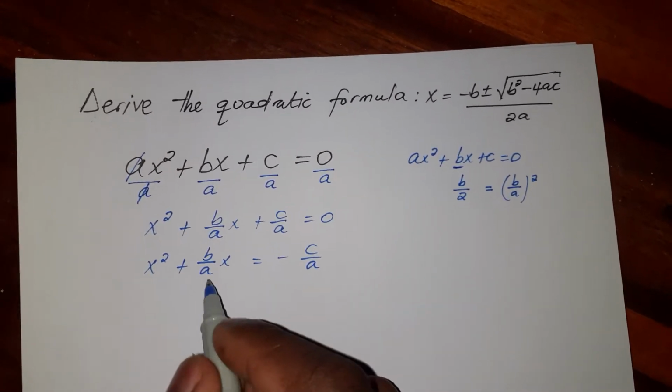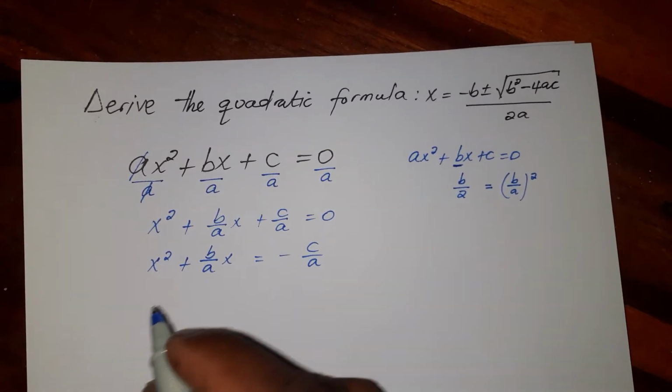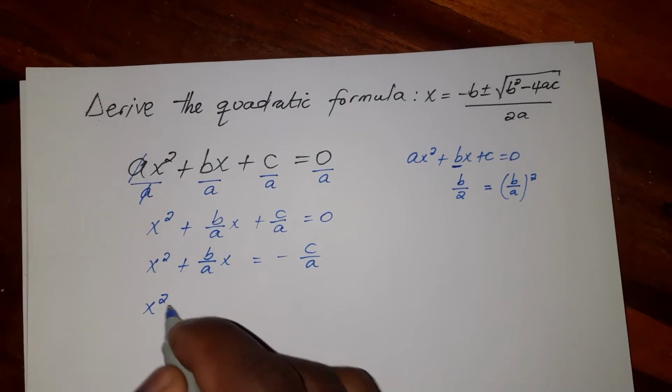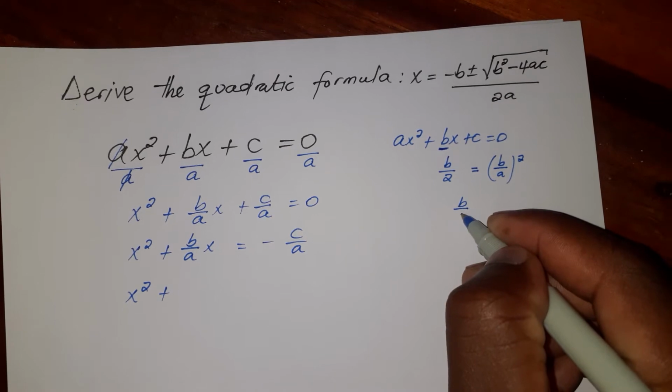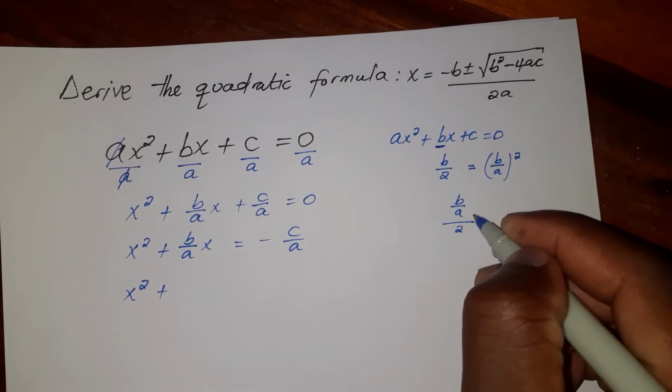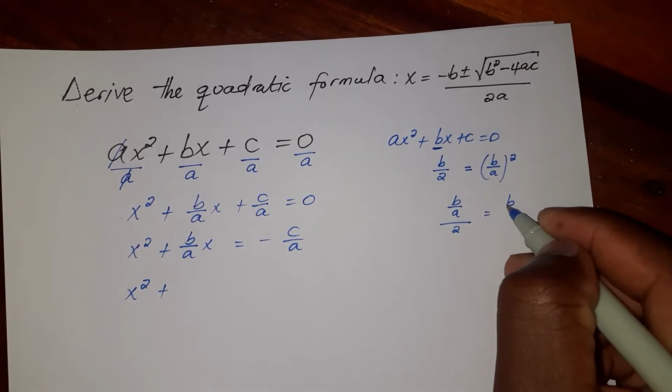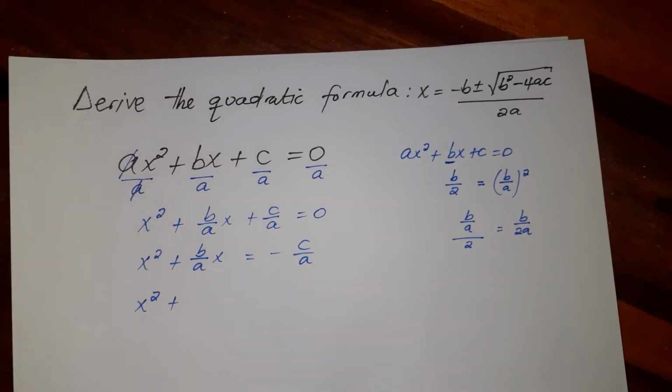Meaning here our b value is b over a. Therefore, we are going to have x squared plus b over a x, and when we take b over a and divide it by 2, that is the same as saying b over 2a.